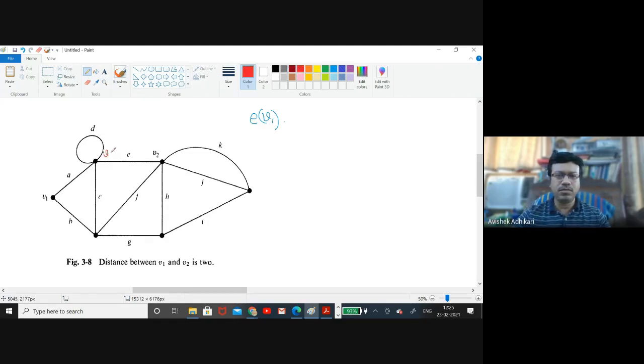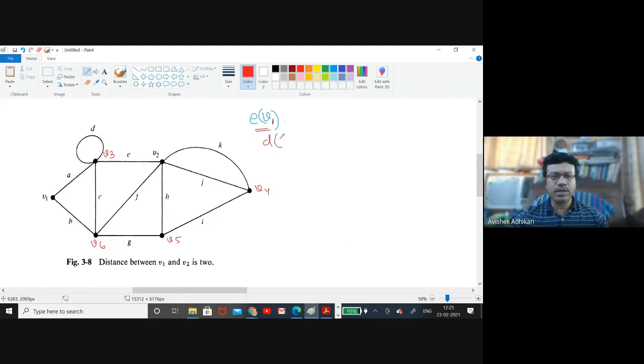So this is V3, V4, V5, V6. Any other vertex left? One, two, three, four. Yes. So all of them are done. So when we are trying to calculate the eccentricity of V1, what we need to check is the distance between V1 and all the remaining vertices.